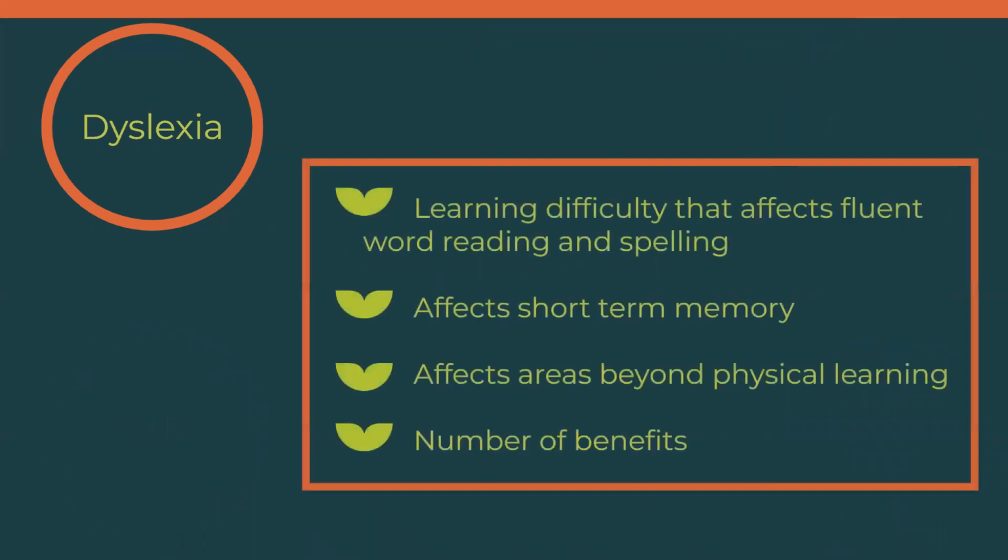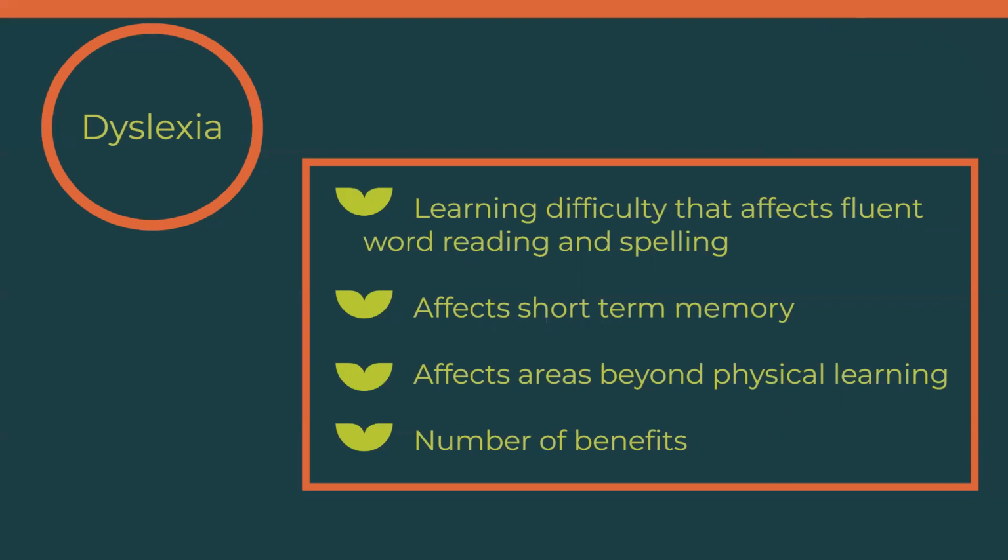So dyslexia is a learning difficulty that affects fluent word reading and spelling. That is the main common drawback with children with dyslexia: their reading and writing will be a lot more below than other children. So when you're approaching this from a tutoring point of view, you've got to really take that into account.